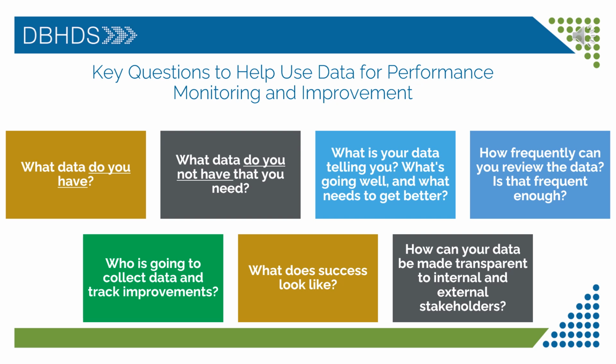Answering this question is also part of a team discussion. And think about who could really benefit from knowing and understanding this data. And we want to hold ourselves accountable to our stakeholders, maybe including individuals and families and others in the public sphere. So how can you do that? These questions can really help you.